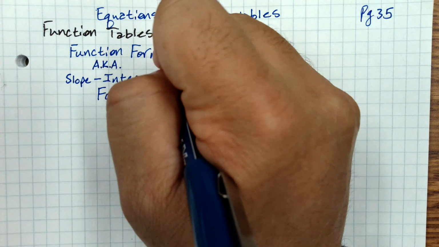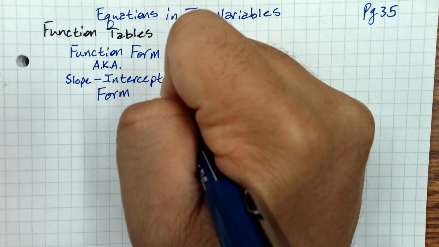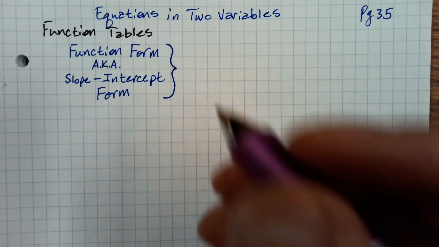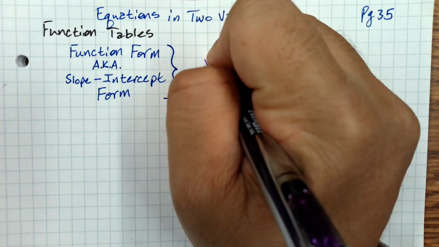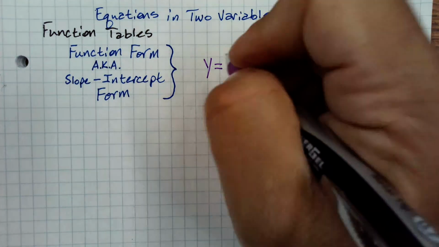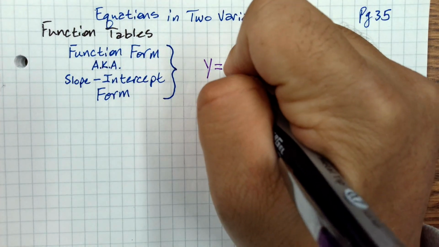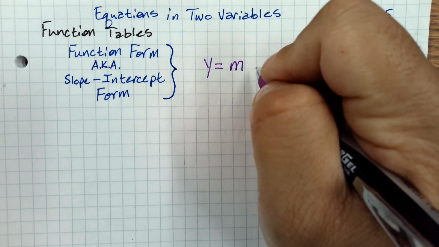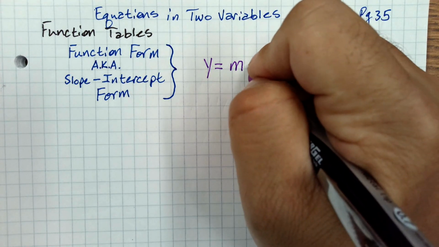So whenever we say function form or slope intercept form, it's going to mean the same thing. And here it is. It's just a way of writing an equation in two variables. And so an equation in function form, also known as slope intercept form, looks like this. Y equals, it's always got y equals. And then we're going to use the letter m because it's going to mean something. I won't tell you what it means today, but we'll get to it.